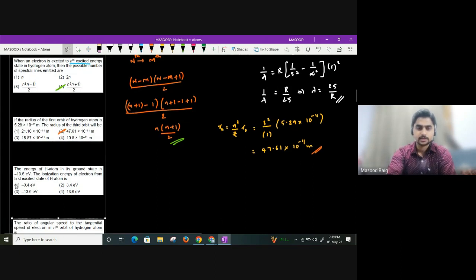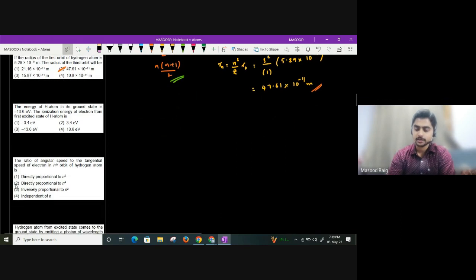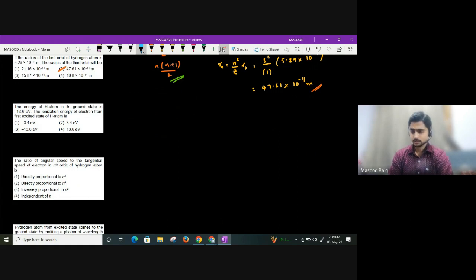Then energy of hydrogen atom in its ground state is minus 13.6 electron volt. The ionization energy of electron from first excited state. See, what is the meaning of ionization energy? It means I need to remove the electron from that particular orbit and send it to infinity. What is the energy in ground state?